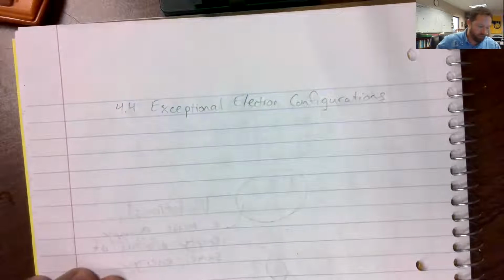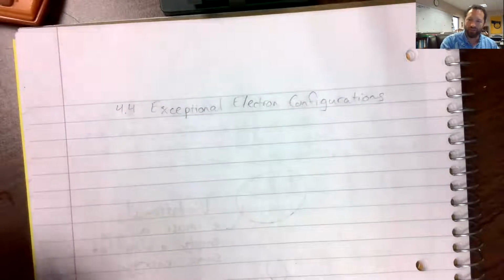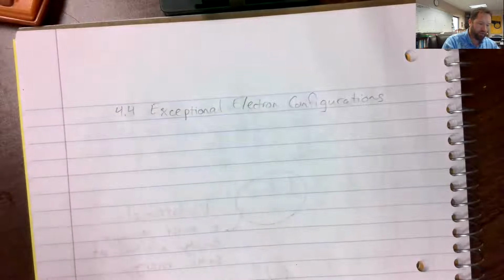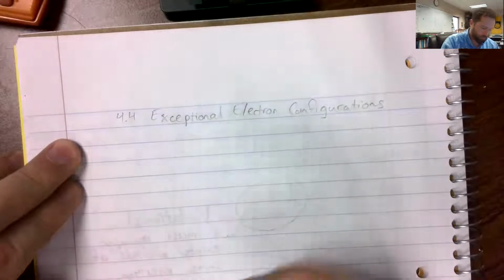exceptional electron configurations. Last time we took a look at some different rules that govern how the electron configurations are done, and this time we're going to take a look at a few times you break those rules.